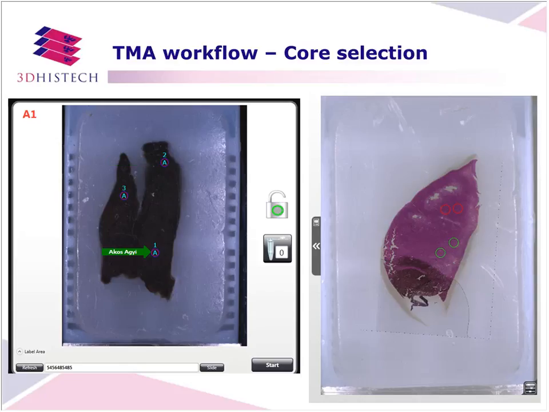If precision is paramount, you can use our automated slide overlay and overlay a previously marked hematoxylin eosin slide image with our donor block image. After the successful core selection, you just need to click Start and the machine will do the rest.